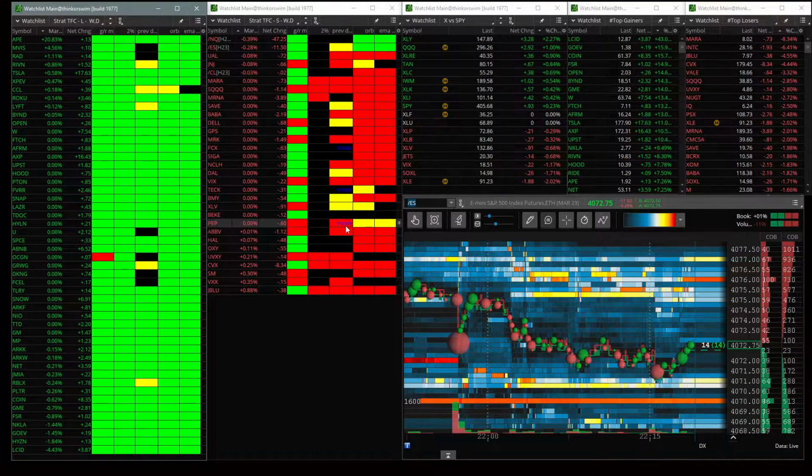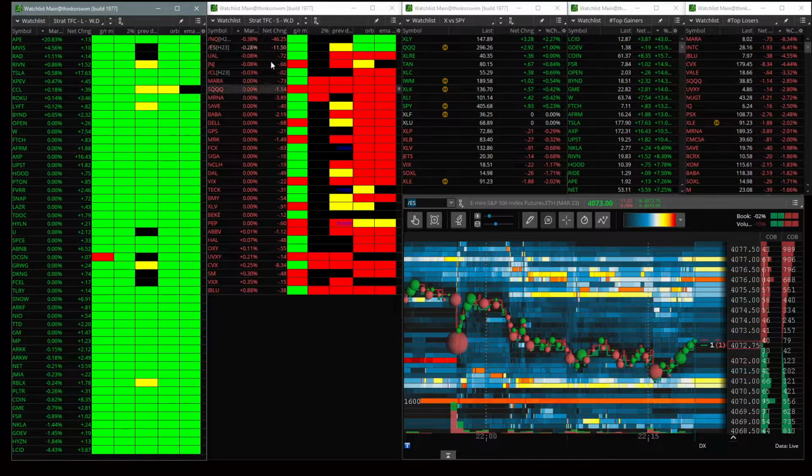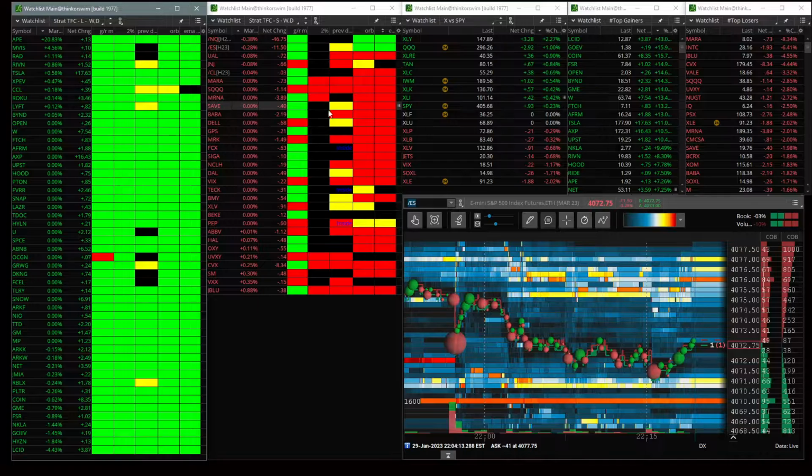But it was hard to visualize because it was just too much on one screen. And so what we tried to do with these columns here is reduce the whole page of watch lists down to just a few columns and then make it more visual with the colors.